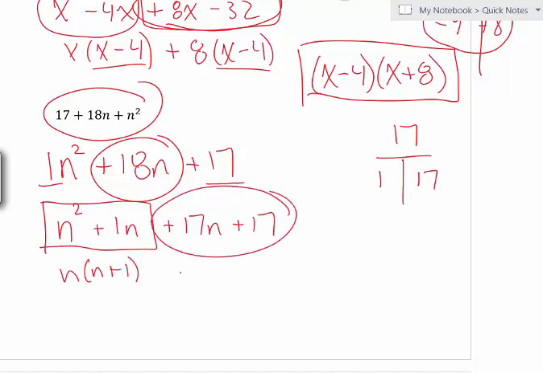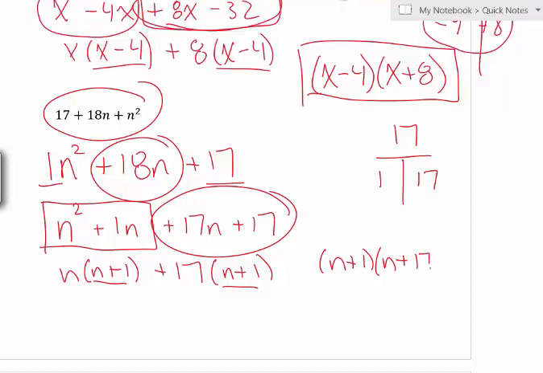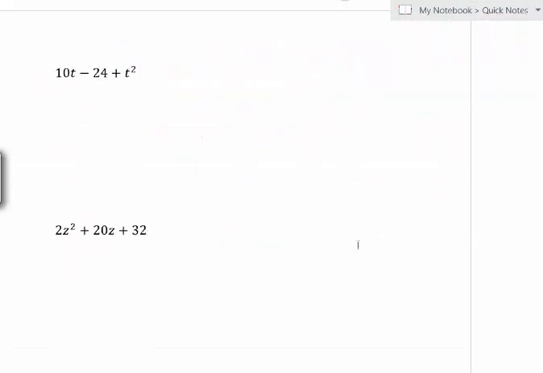I'm going to circle the second two. That's a 17. Now I have an n plus 1. So here's my common factor, n plus 1. And the other piece we're left with is n plus 17. Great. Okay. All right.